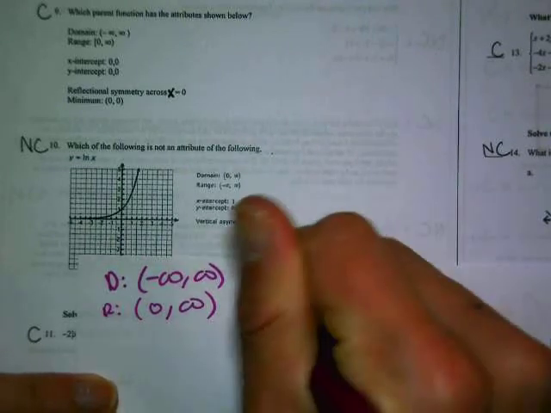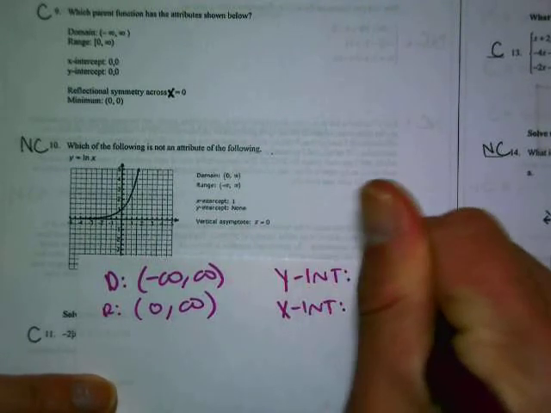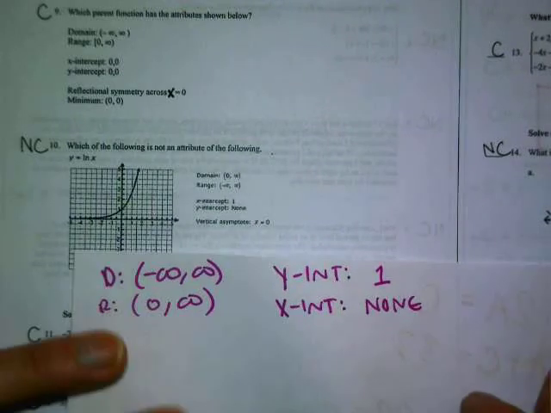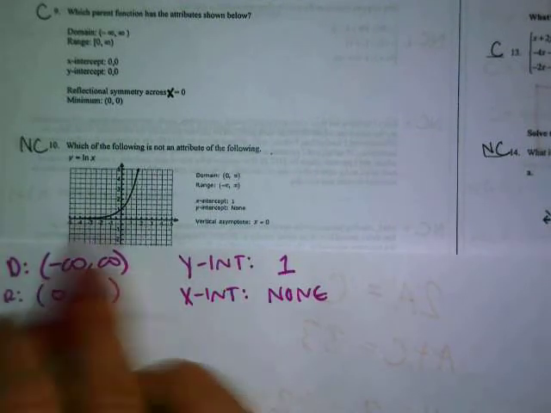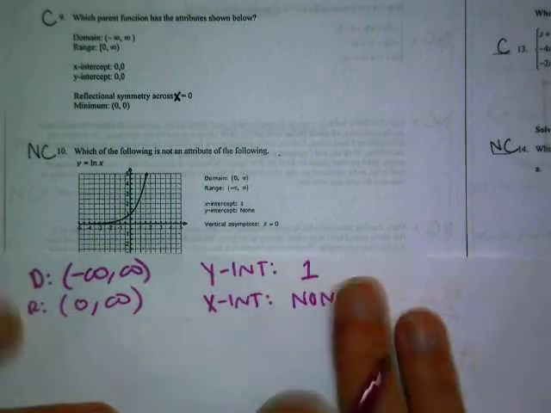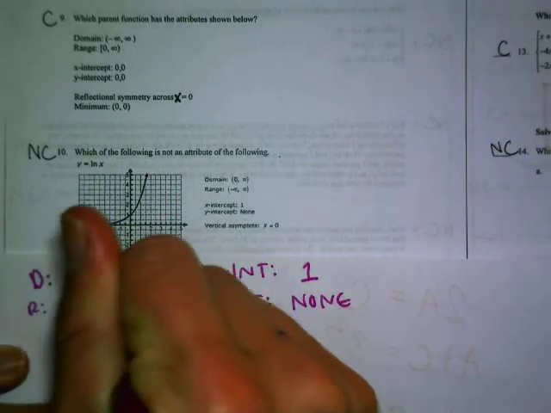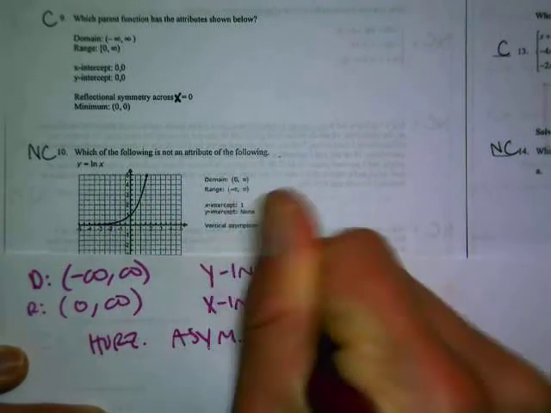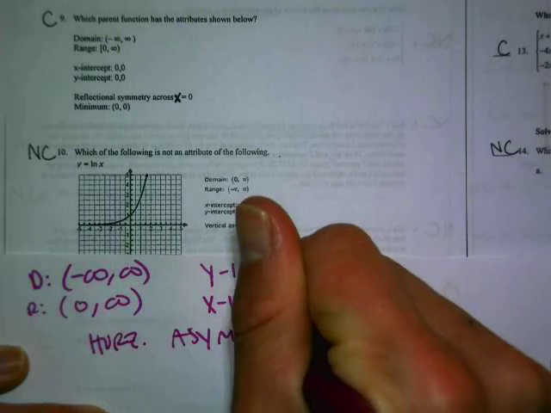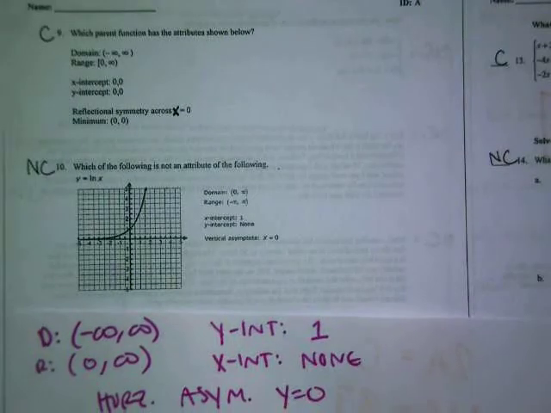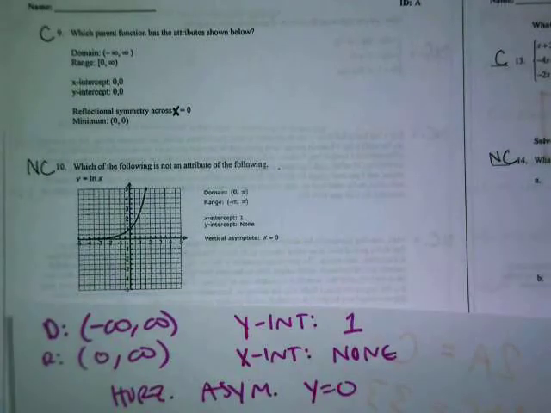We have one y-intercept, and our x-intercept, we have none. And our asymptote is actually horizontal, so we also have a horizontal asymptote at y equals 0. All right, so that's number 10.